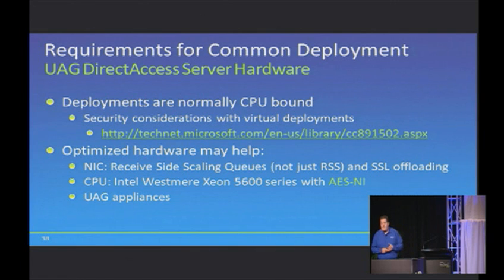There's some optimized hardware that you can use, for example, AES optimized CPUs, they are out there. And as I said before, some of the UAG appliances are really nice boxes. I would use them in some installations, just because of the hardware. It's a really neat combination that they have.